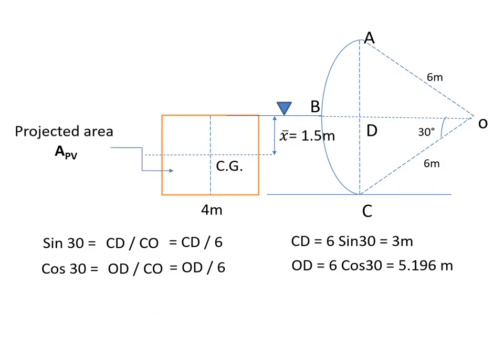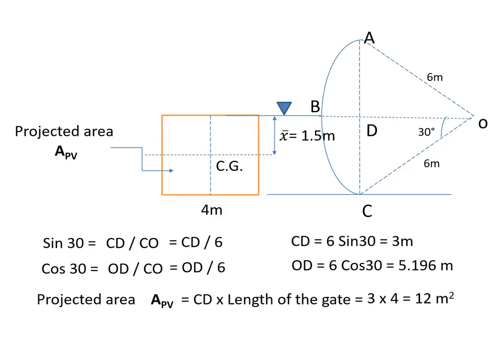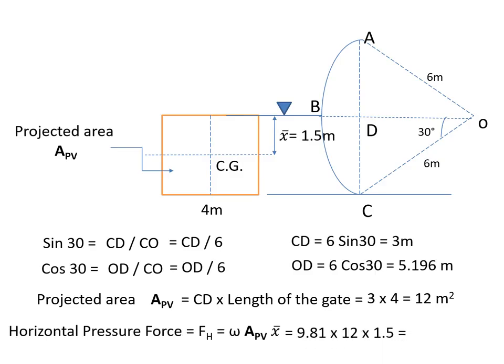It is DC, which is 3 meters, into 4. That will give you the projected area A, and x bar is 1.5. So see the change between the previous problem and this problem. That gives CD into length of the gate, so 3 meters into 4, which gives 12 meters square. Now we can find the horizontal pressure force, which is 9.81 into 12 into 1.5, which gives 176.58 kilonewtons.